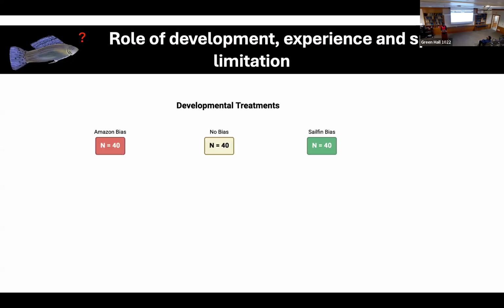But I would also like to know about the interaction between development experience and sperm limitation. Bear with me, this is a complicated looking diagram, and I hope I get the fish numbers necessary to be able to do this. So I would like to subject my males to 3 developmental treatments: Amazon bias, no bias, and then sailfin bias.